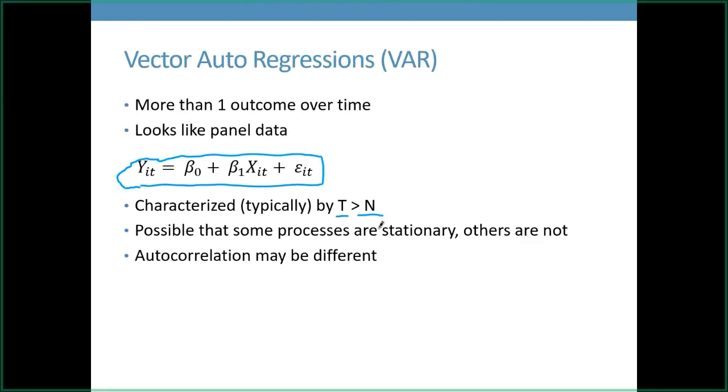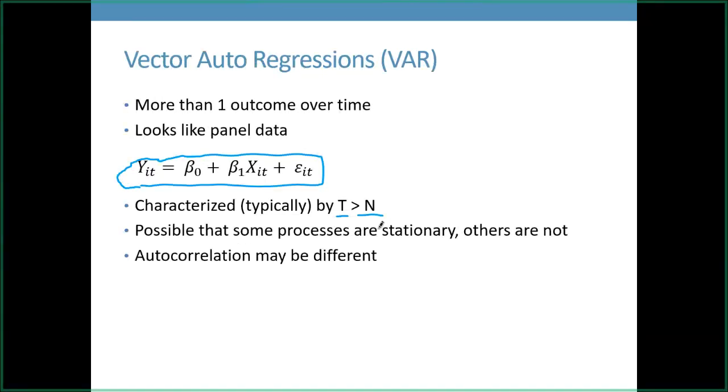Panel data would more normally be characterized by maybe you have data on 5,000 individuals and you follow them over 10 years. Or you have data on 100 cities and you're looking at them over 6 different months. Whereas time series data tends to be defined by t being greater than n. So maybe you're looking at 50 cities, but over 500 months.